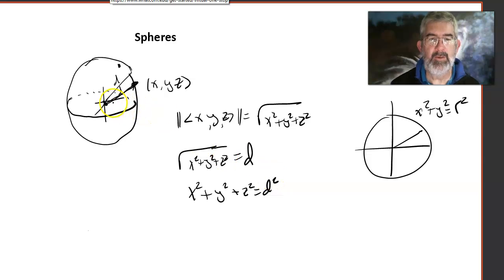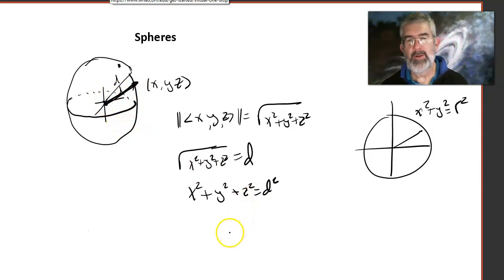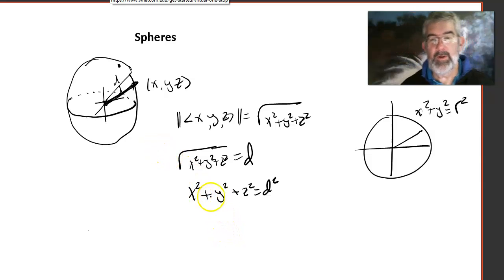In this case d is the radius, although we usually use d as diameter, but because it's the distance from the origin and I called it d, it is the radius of that sphere. So if it's centered at the origin, this is what the equation looks like.